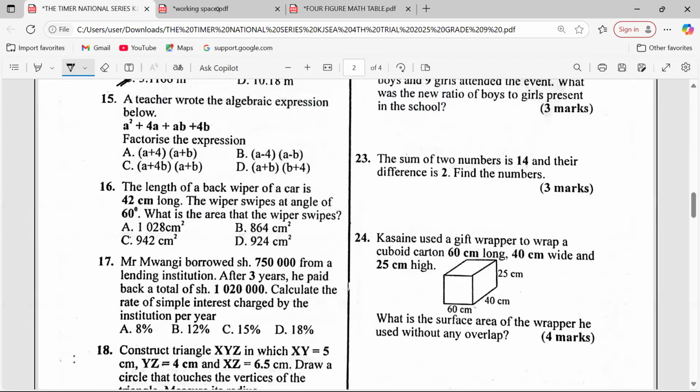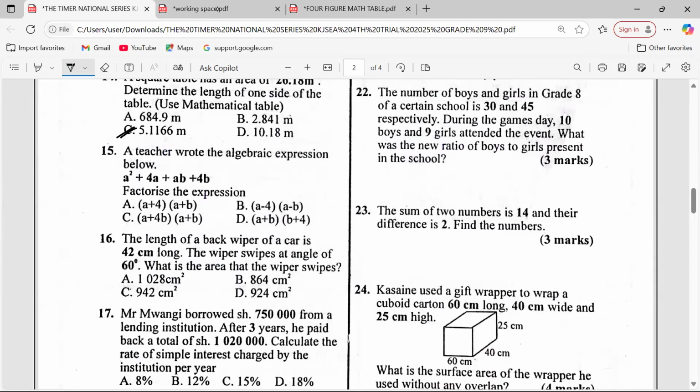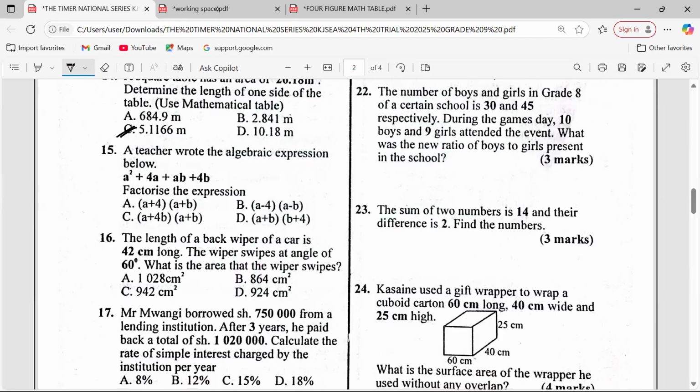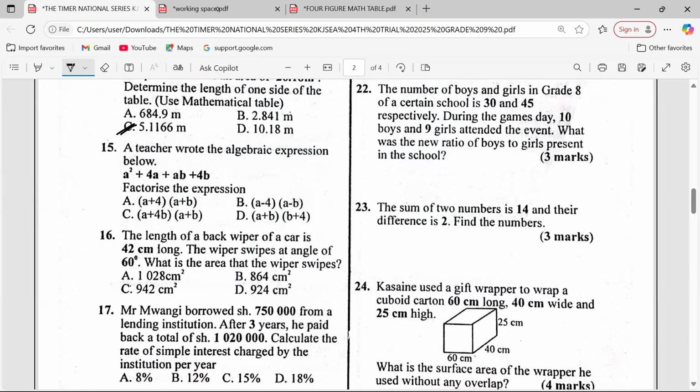Looking at number 15 now, we are told that a teacher wrote the algebraic expression below: a squared plus 4a plus ab plus 4b. Factorize the expression.